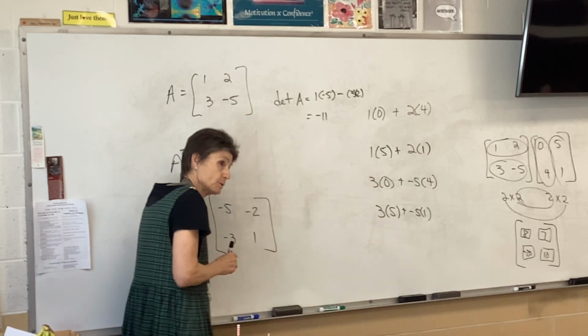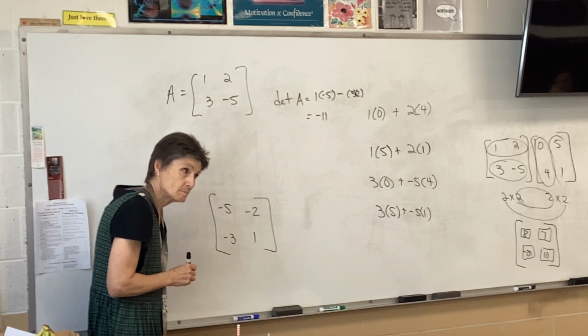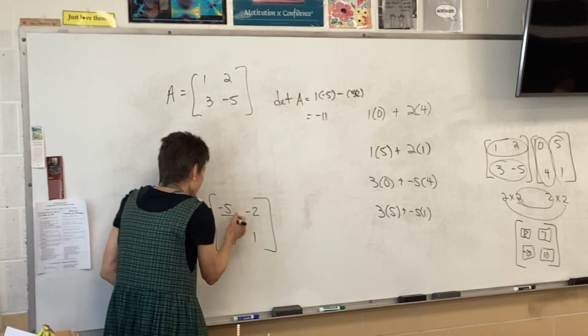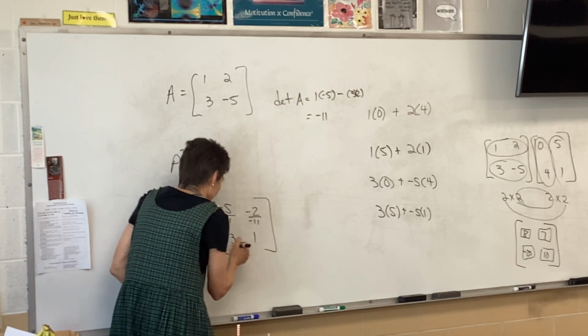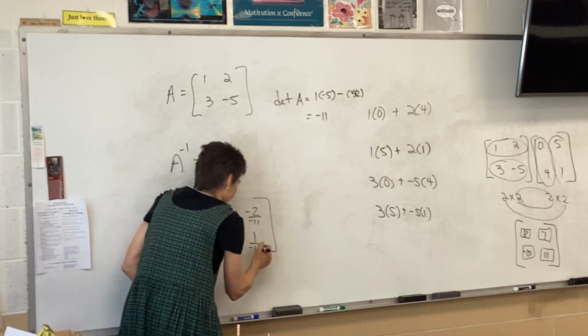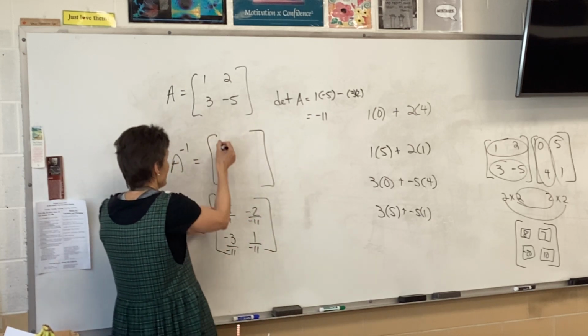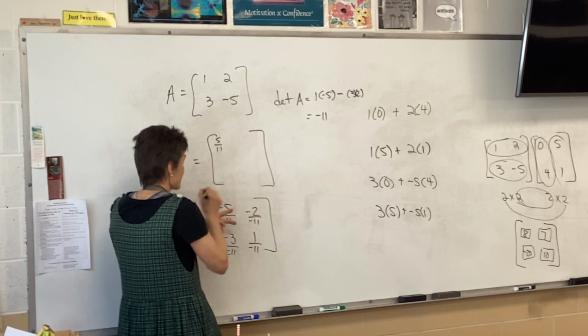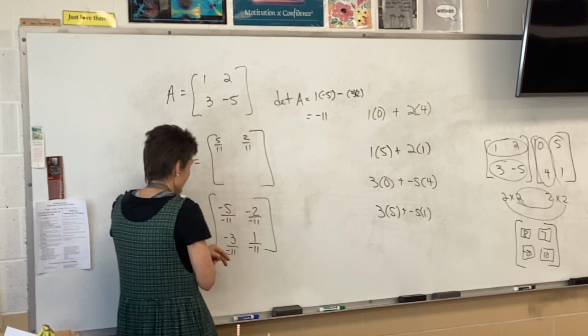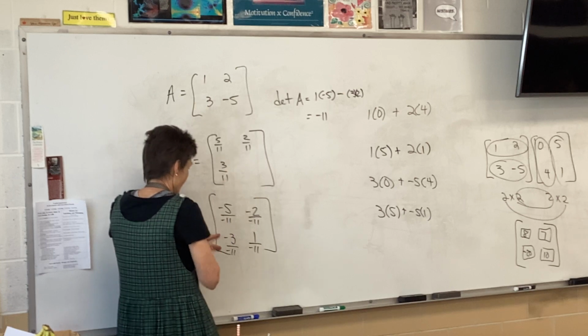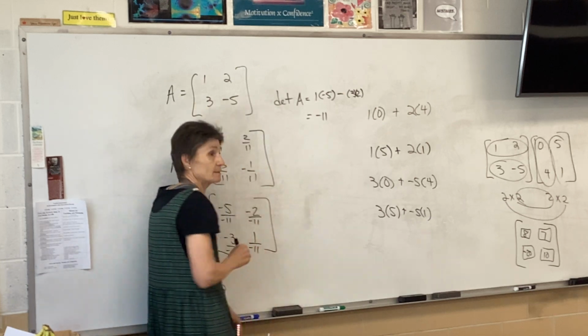Now remember what you do with the negative 11? You divide all these numbers by negative 11. And then you clean it up when you put it in the answer blank. So positive 5 11ths, positive 2 11ths, positive 3 11ths, and negative 1 11th.